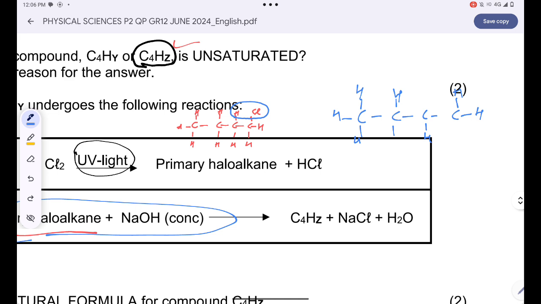Are you together? And then we'll end up having that double bond. So this is the other compound, which is just C4H8, but initially it was C4HZ. So the IUPAC name is just but-1-ene.